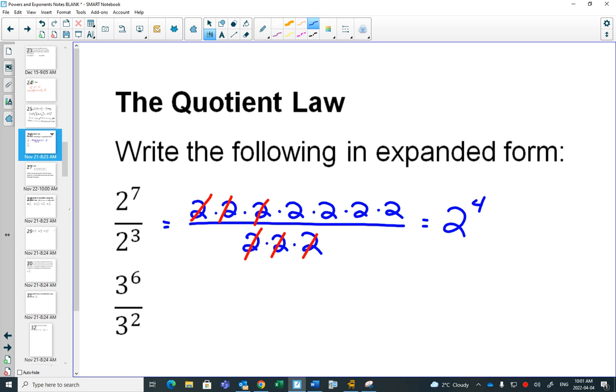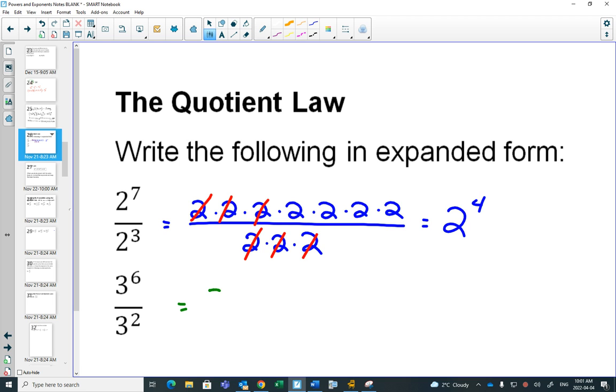So we're left with 4 2's, which is 2 to the 4. Okay? We could do the same thing with the next one. So here, on this one, Kale, try to predict what you think the answer will be before I write it down.